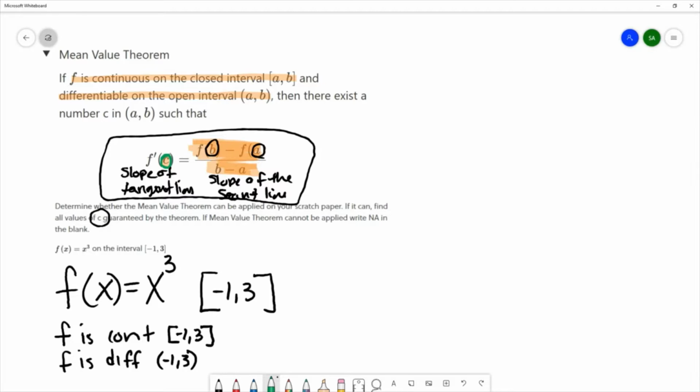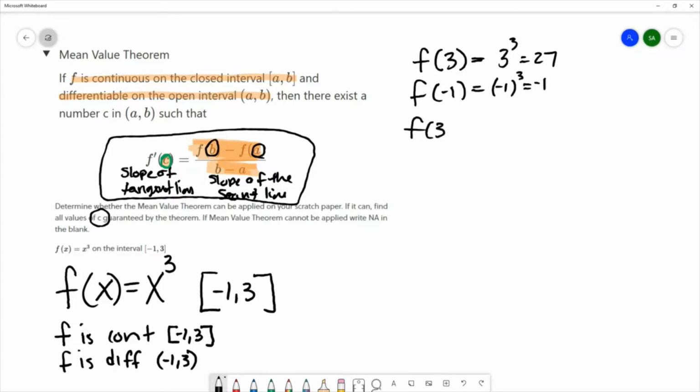So on the right-hand side, I'm going to work out f of b, that's f of 3. That would be 3 cubed, which is 27. And I want to work out f of -1. -1 cubed would be -1. Now calculate f of 3 minus f of -1, over 3 minus -1.